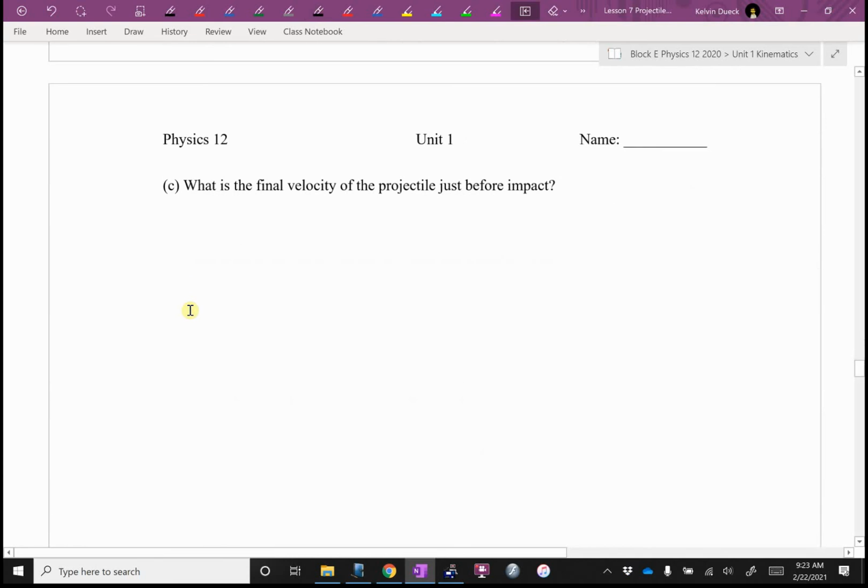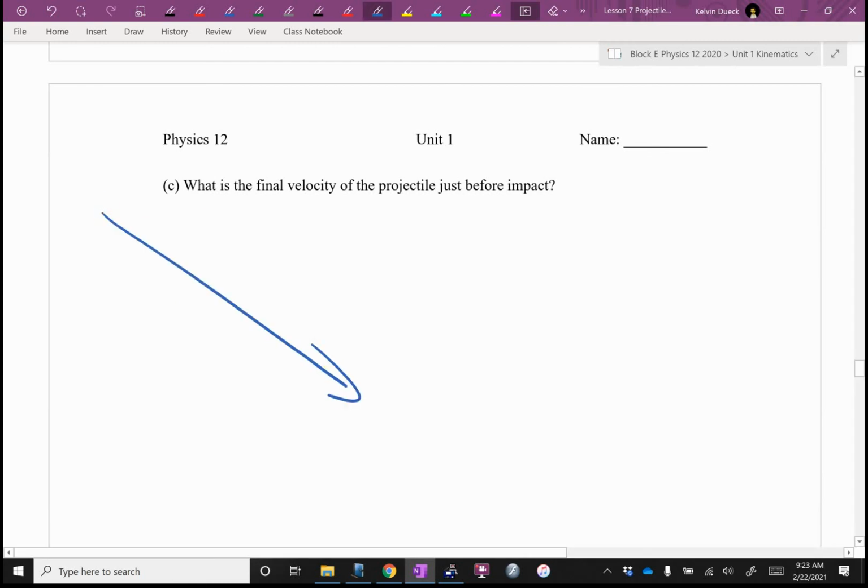What is the final velocity? Turn the page. What is the final velocity just before impact? Not 0. Looking at this question, when it hits the ground, which way do you think it's traveling? Yeah, I think something like that.